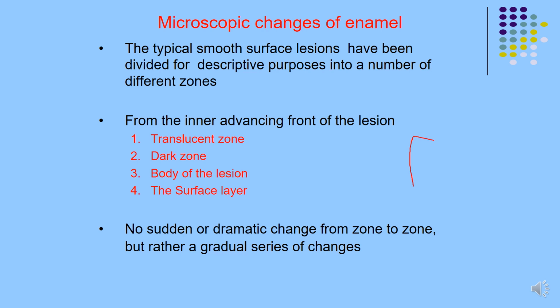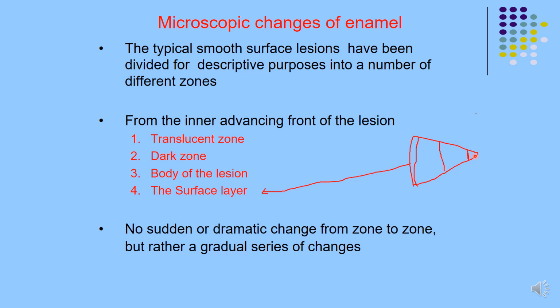That means if we're talking about smooth surface caries, and this is the lesion in enamel, what we're talking about is the translucent zone here, starting from here, the dark zone here, the body of the lesion here, and this being the surface layer.